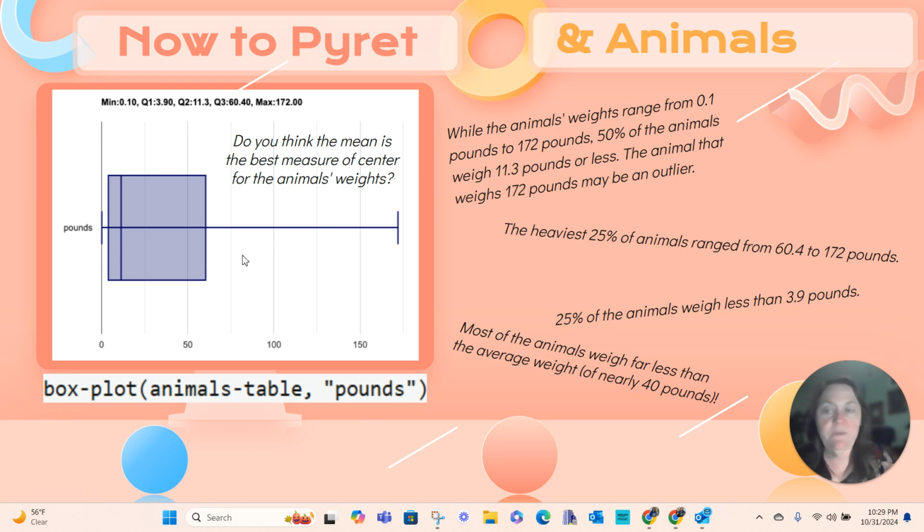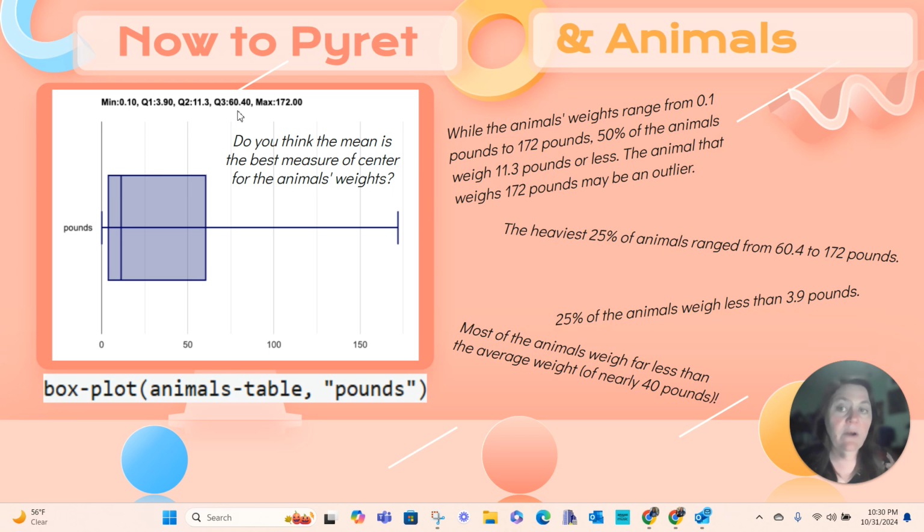And then they do it for pounds and say, wow, now we can look at this and see that pretty right skewed shape there. And do we think that the mean that we got was really the best measure of center for us? And then I just threw in some analysis things that would come up here, like the heaviest 25% of animals ranged from, well, where did I get these, 60.4 and 172?